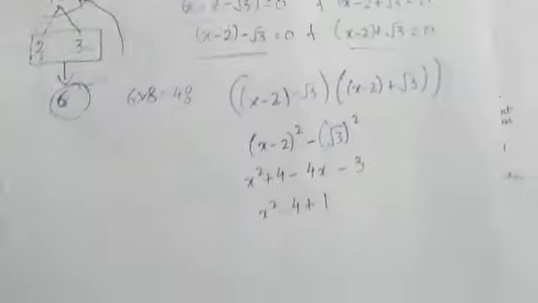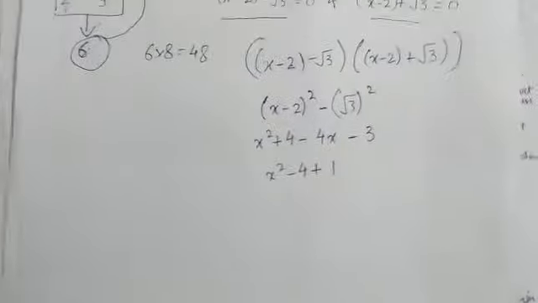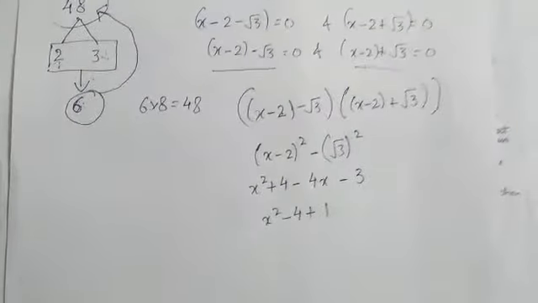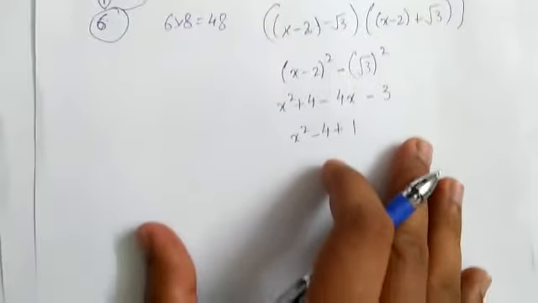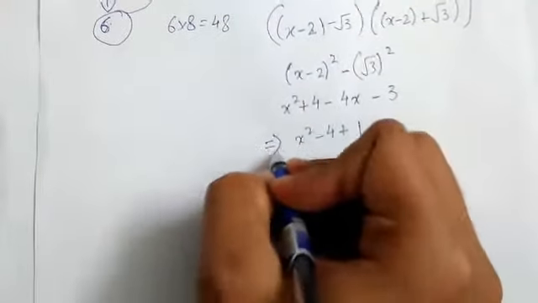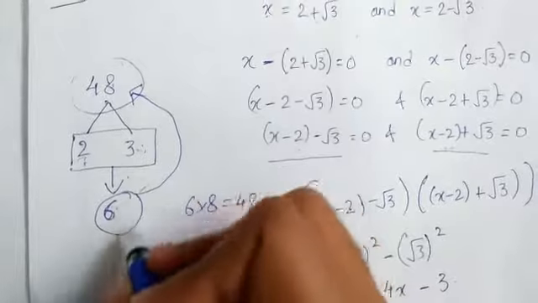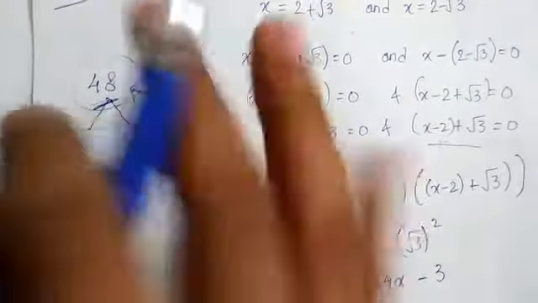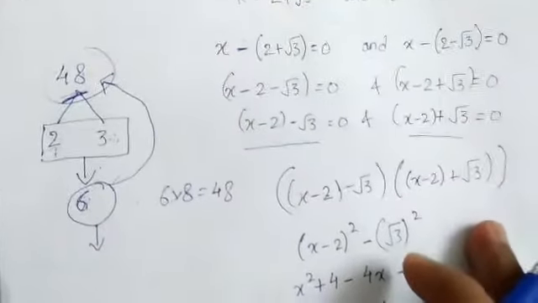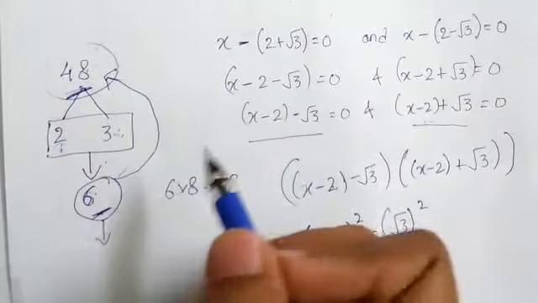So we have found one equation. Now how to proceed further to find the other zeros of the polynomial? Again coming back to the same example. I told you, okay, 6 is a factor of this number, which you must have agreed. Now how to find the other factors? 6 is one of the factors. What is the other factor?